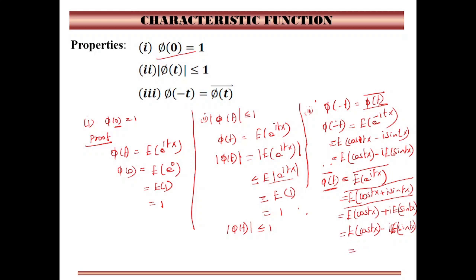Therefore, compare these two results: phi of minus t is the expected value of cos tX minus i into the expected value of sin tX, and also phi of t the whole bar gives the same result. So from these two results we conclude that phi of minus t is equal to the conjugate of phi of t. So we have proved all these properties.